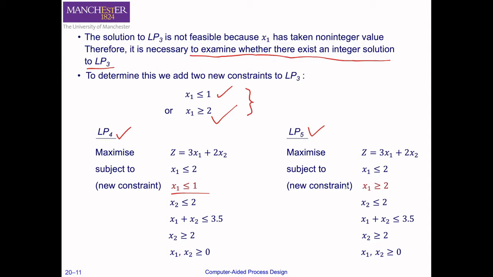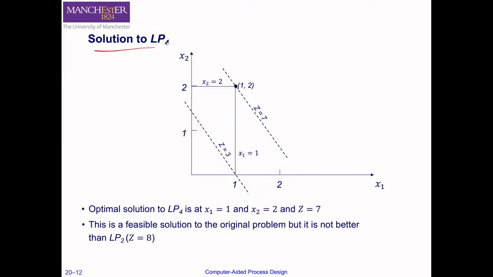In LP5, we add this new constraint x1 is greater than or equal to 2. Then we can solve these two new LP problems individually using the graphic method. Let's see the solution to LP4. This is a graph for LP4.